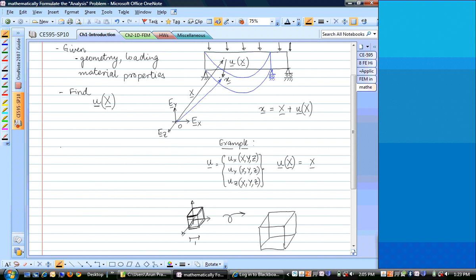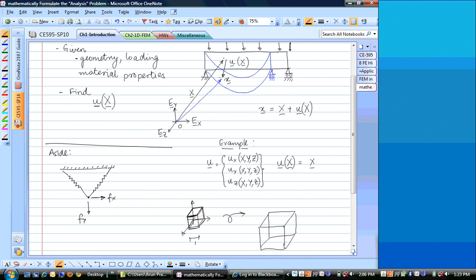So again, another aside. Let's say you have this two-spring system, and I'm applying a force Fx in this direction, and I'm applying a force Fy in this direction.